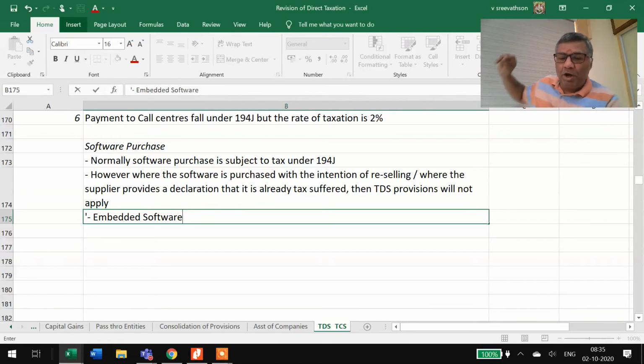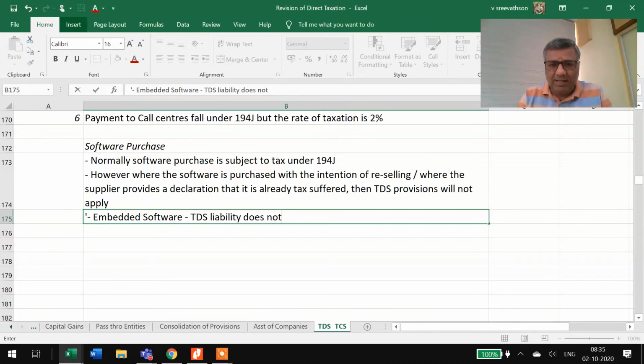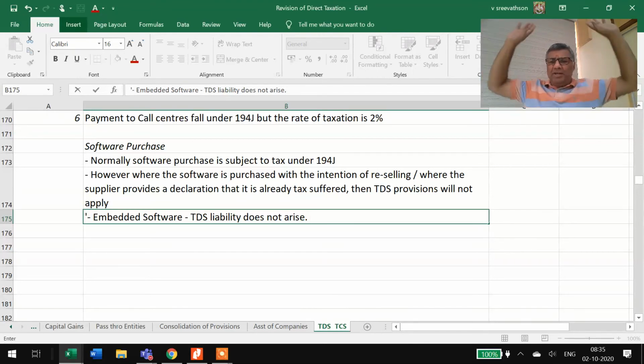Coming back, embedded software, sir. Where the software is embedded in hardware, TDS liability does not arise. It is a very old Bombay High Court judgment.